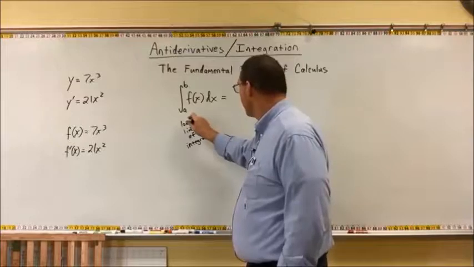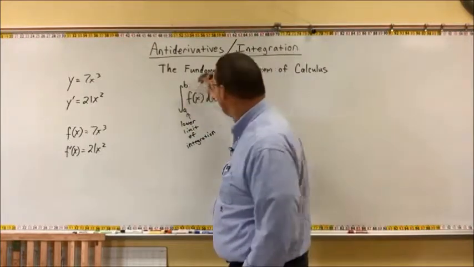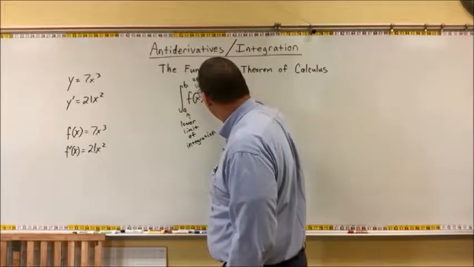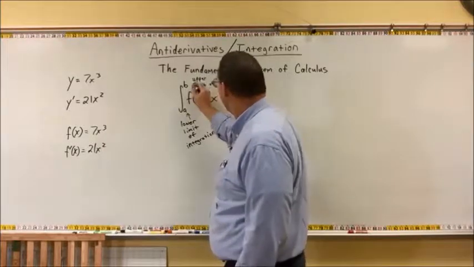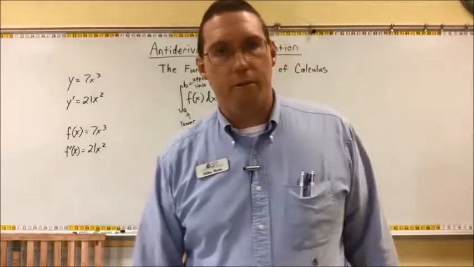That a right there is the lower limit of integration. And this b up here is called the upper limit of integration. So we've got the lower limit of integration and the upper limit of integration.